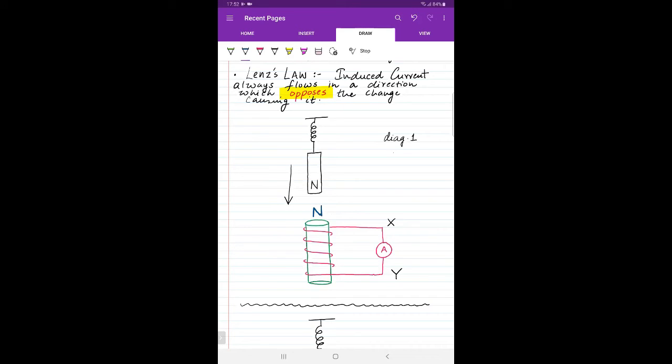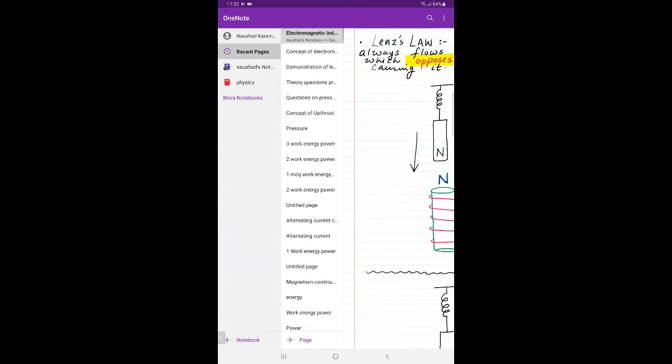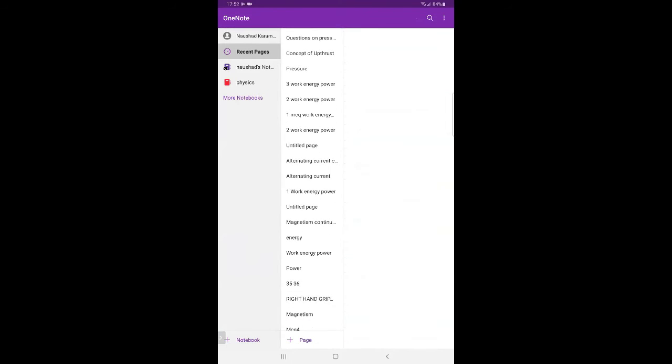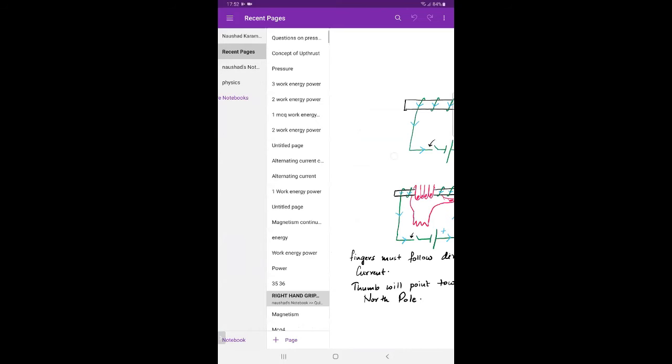and then if I ask you to use your right hand grip rule, so in case you have forgotten कि right hand grip rule कैसे apply करते थे, मैं आपको क्विकली एड्रेस कर दूंगा. मैंने प्रीवियसली भी एक क्लास के अंदर शो किया था, तो दोबारा देख लीजिएगा.